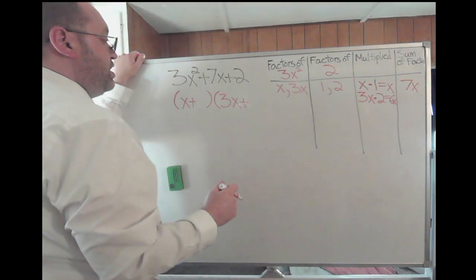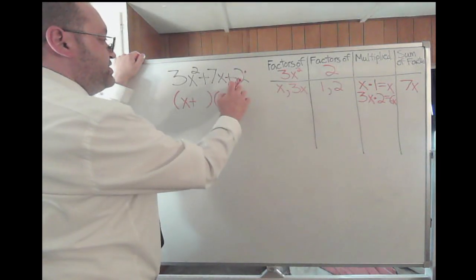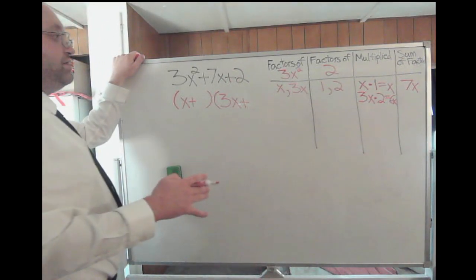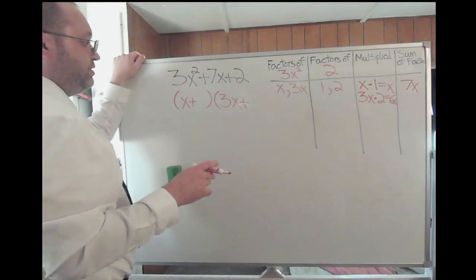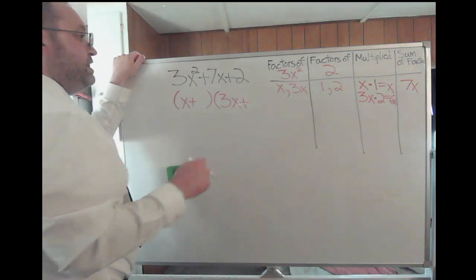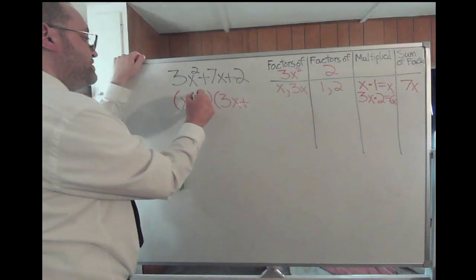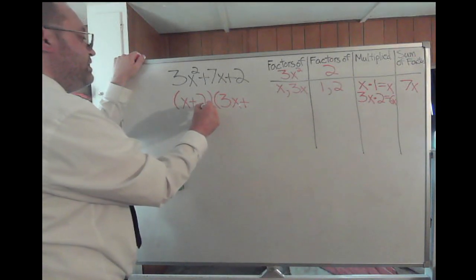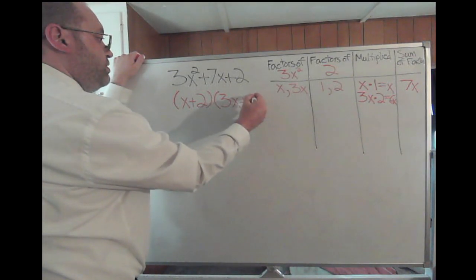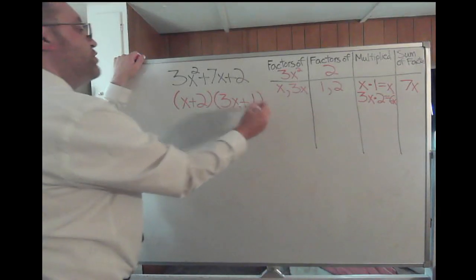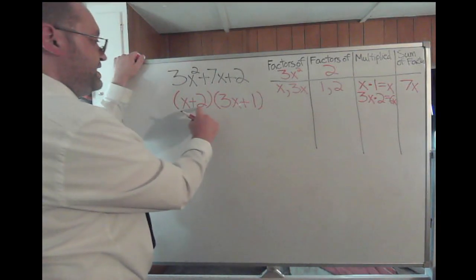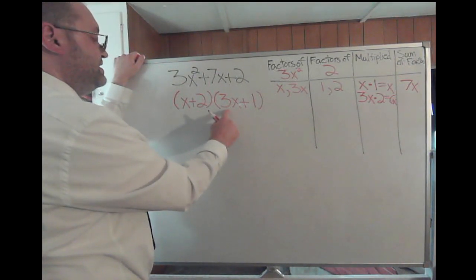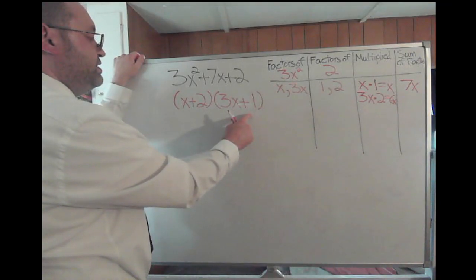Now, where does the 1 and where does the 2 go for your factors of 2? You'll want to put your factor of 2 right here and your factor of 1 right here. The reason being is because when you take 2 times 3x, you get 6x. You take x times 1, you get x.